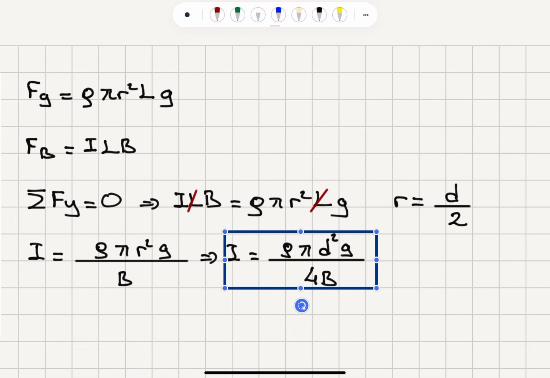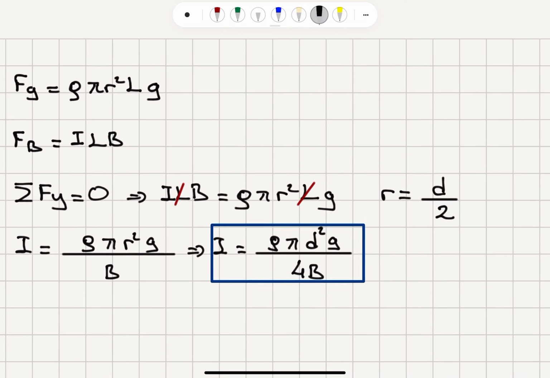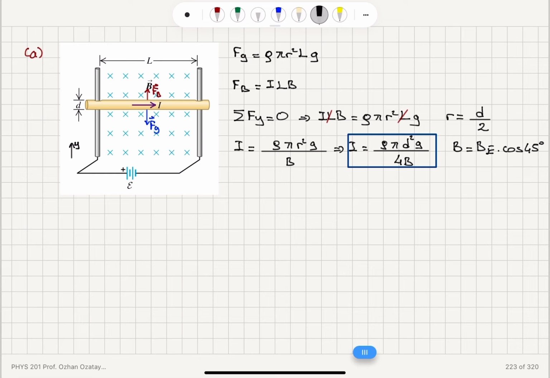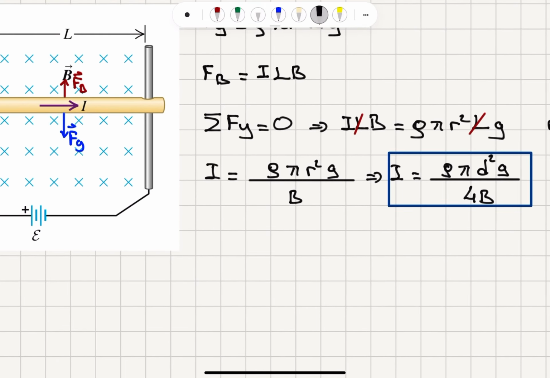Now, if I plug in the numbers here, I have to be careful about this magnetic field because it should be the horizontal component of the Earth's magnetic field. So I should take the Earth's magnetic field and multiply it by cosine 45 degrees to find the horizontal component. Okay, so let's plug in the numbers.